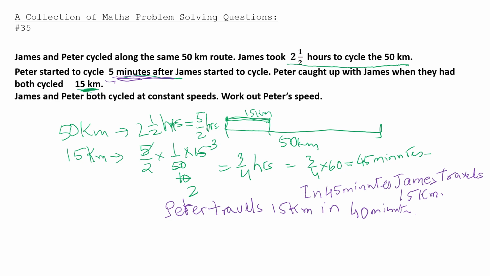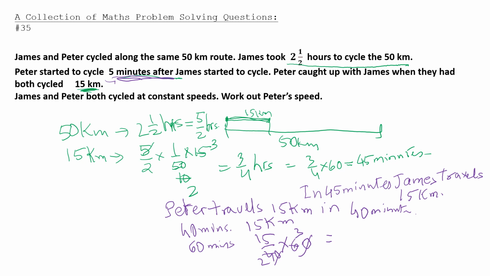So his speed is what we have to work out. So in 40 minutes he travels 15 kilometers. So in 60 minutes, because we have to do kilometers per hour, it would be 15 out of 40 times 60, and that's 2 times 2, 2 times 3.